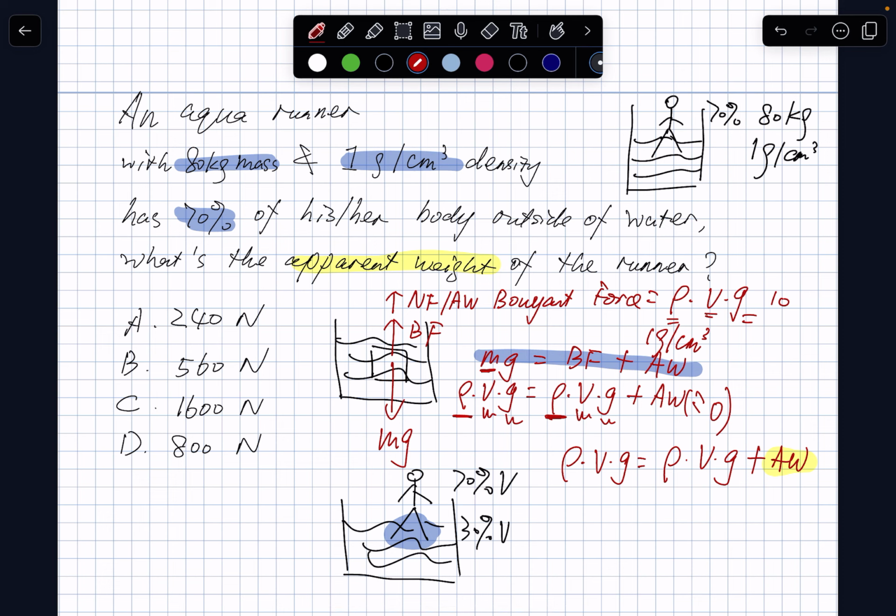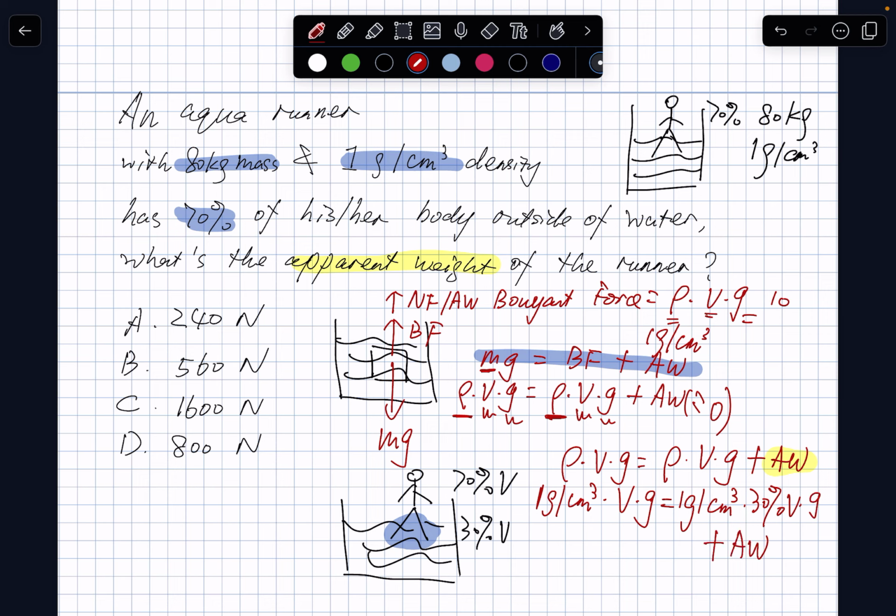What about the person's density? We know it's 1 gram per centimeter cubed. And the volume of the person, I don't know it, so I'll just put V, times g. And the water's density is also 1 g per cm cubed. And the volume of displaced water, we said, is 30% of V, times g, and then plus AW, okay?